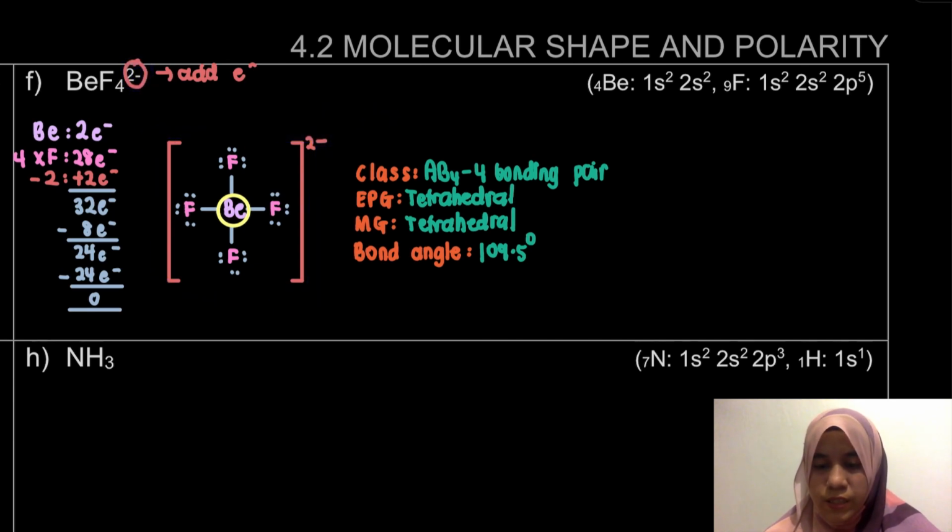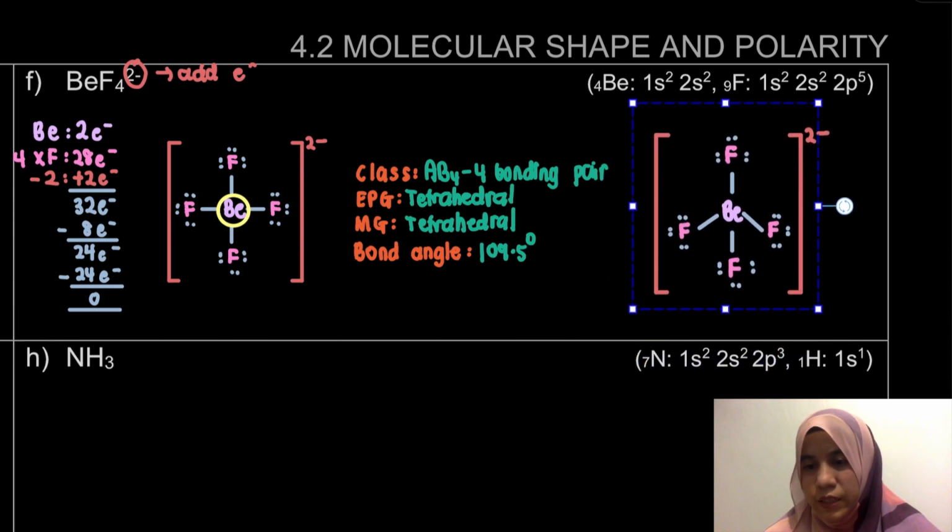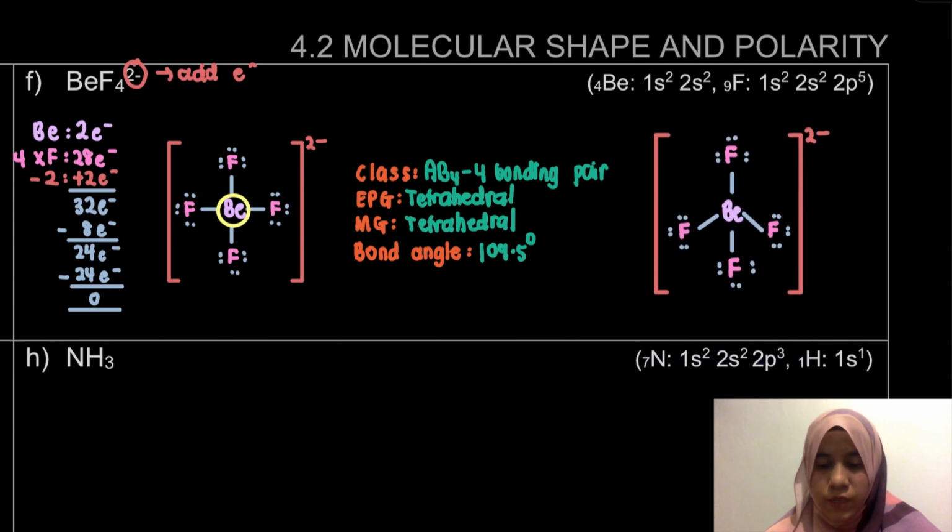Okay, so this is actually my molecular shape. Tada! Okay, so sama sahajalah. So right now dia bukan jadi yang ni, this is what we call, kalau betul drawing kan, it's square planar, but it's actually not. Sebenarnya dia tetrahedral. So this is actually the drawing. Okay, so boleh. Hope everything is fine.